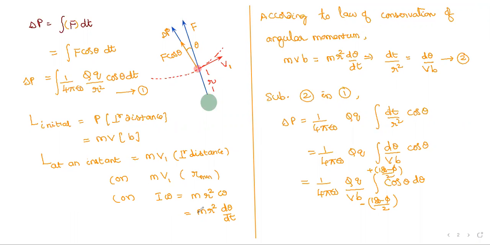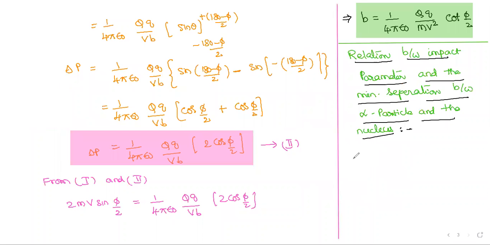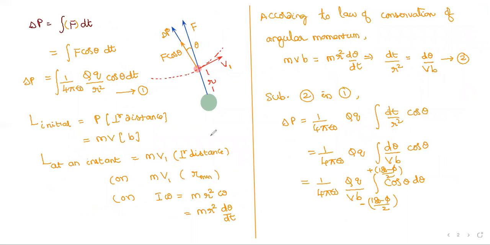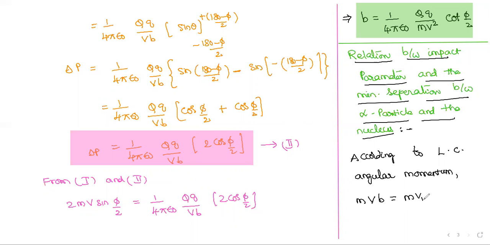To get r minimum, into this concept, I go back here. Instead of m r square into d theta by dt, according to the law of conservation of angular momentum, I use m v1 into r minimum in its place. So according to the law of conservation of angular momentum, I write initial one is mvb is equal to, finally at minimum separation, since v1 is perpendicular to r, I write m v1 into r minimum.